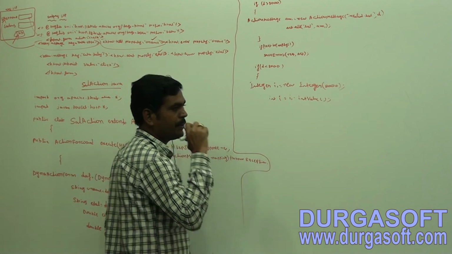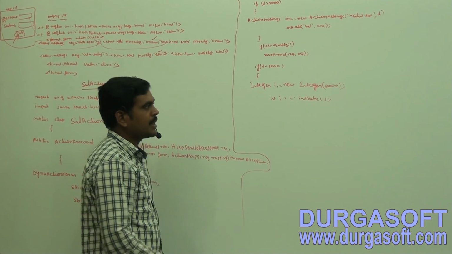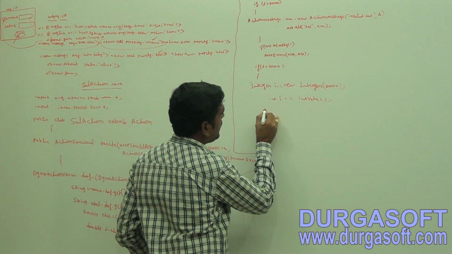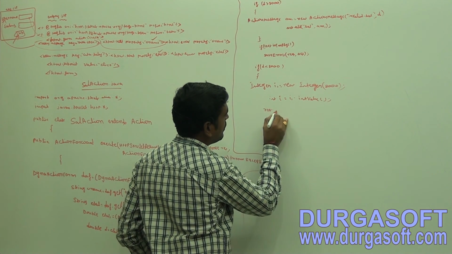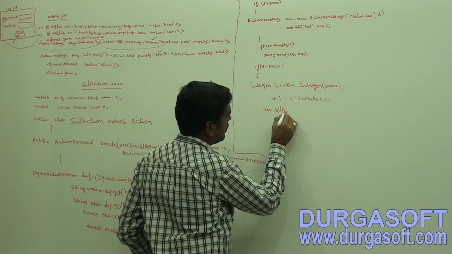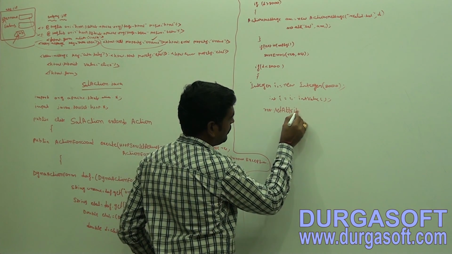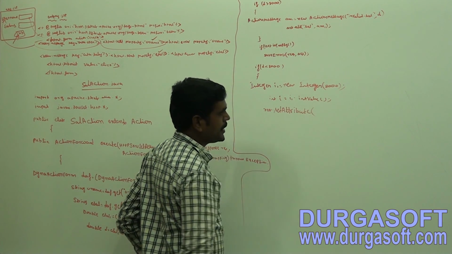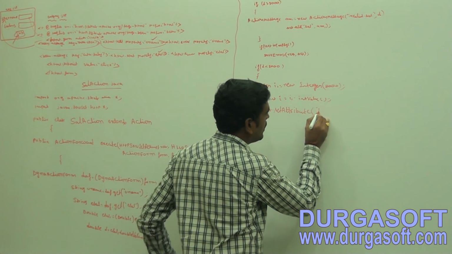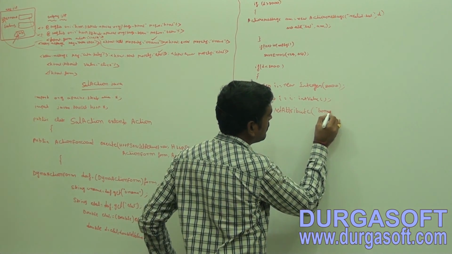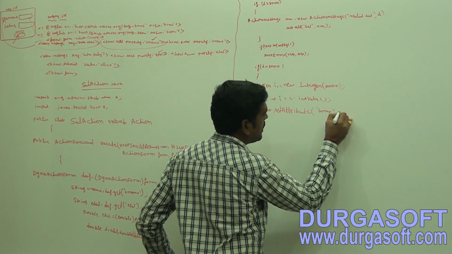If you want to take float, we can take float. Then next, req.setAttribute of key comma value pairs, bonus comma i.